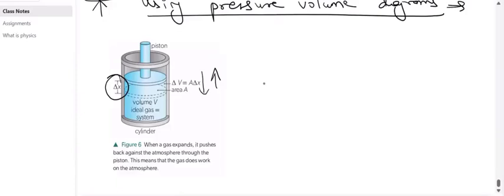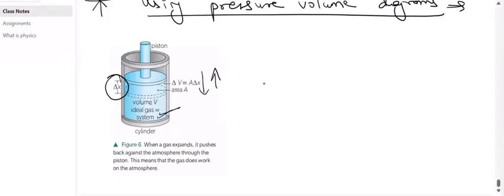Here the work done by the gas on the surrounding during the expansion is equal to the force of the piston. What I'm telling is the work done by the gas; here the gas is filled.